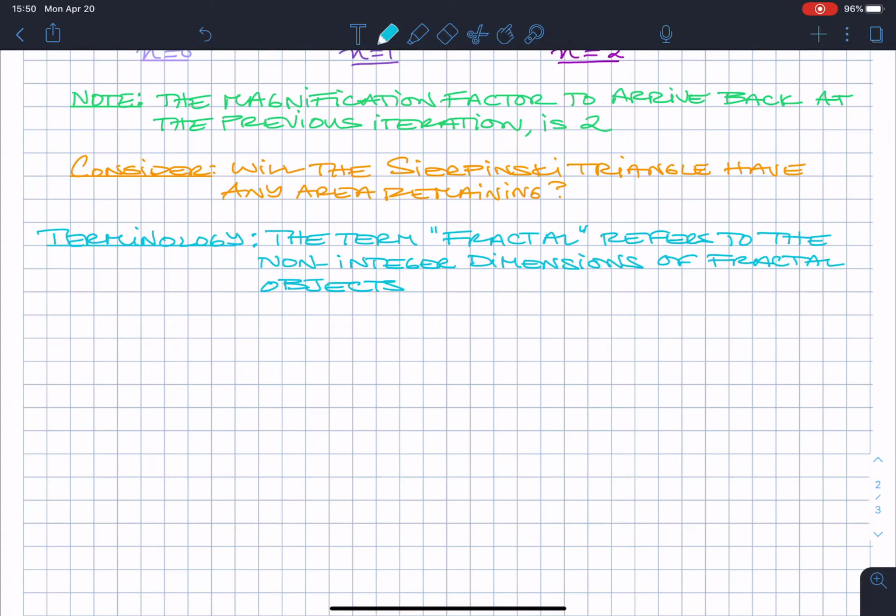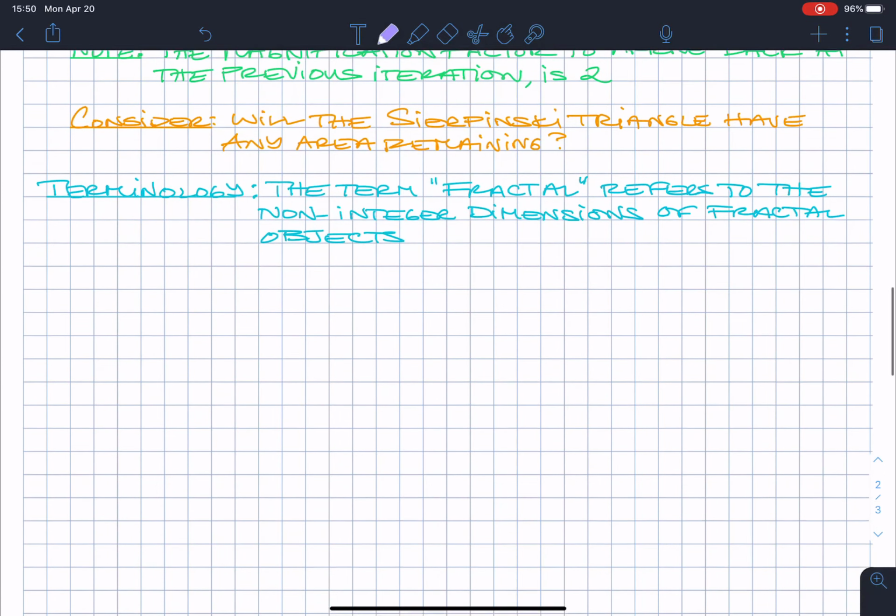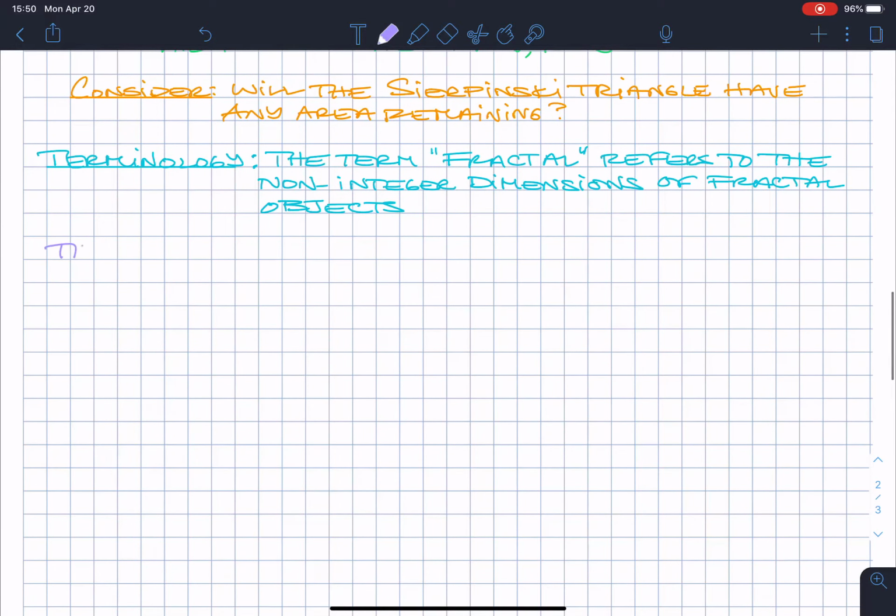So what do I mean? Well, first let's see a theorem. Non-integer.